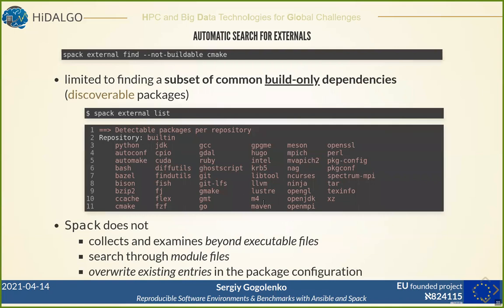So filling in the packages YAML with these external packages is a time-consuming process, let's say. And in order to simplify it, you can use the spack external find command.